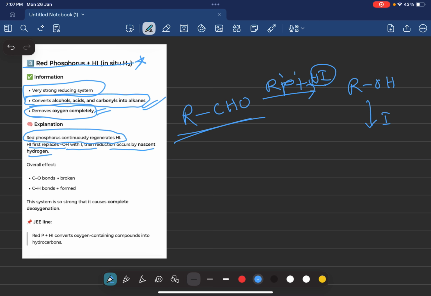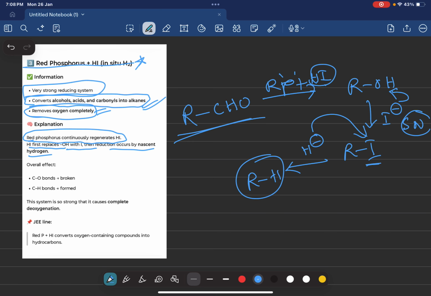Later, HI is used, and this I minus replaces OH minus, which is nothing but a nucleophilic substitution SN reaction, so RI will be formed, and finally this produces H minus. I minus is more stable, so H minus replaces I minus and we get RH. So that's the basic mechanism. The OH is replaced with I minus through an SN reaction, later H minus replaces I minus and we get the respective alkane.